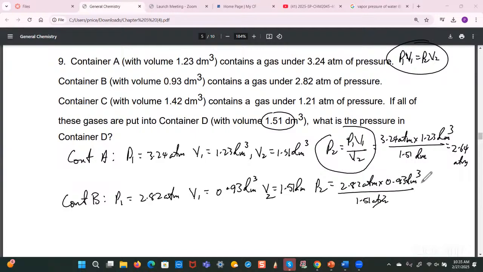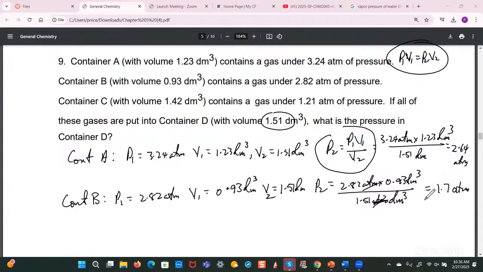So again, we work this out: 2.82 times 0.93 divided by 1.51. And according to my calculation, this works out to 1.7, rounded off. I did the units wrong. This should be atmospheres, I'm sorry.